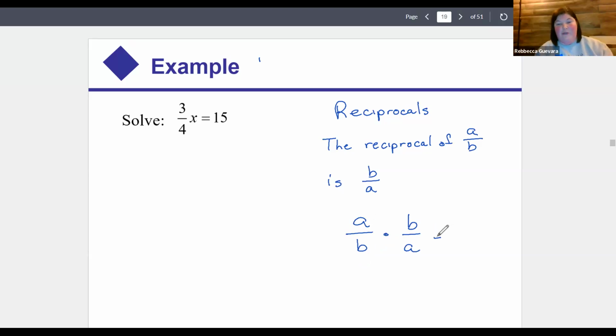So a number times its reciprocal always equals 1. That's why if I wanted to get rid of 6, I multiply by 1/6, because it definitely is its reciprocal.